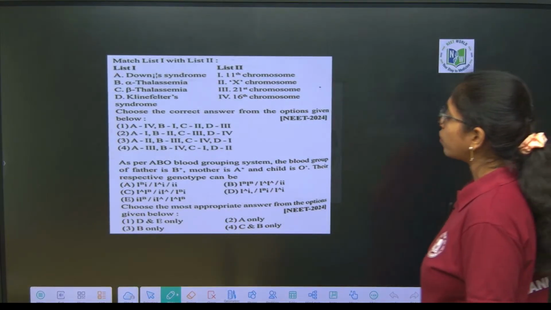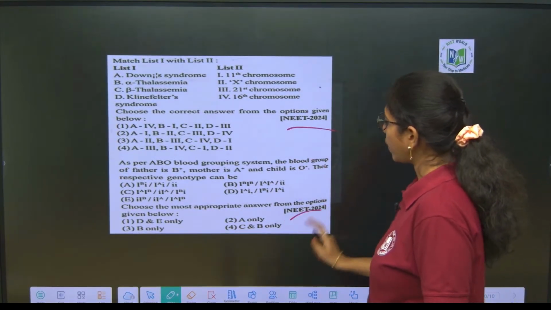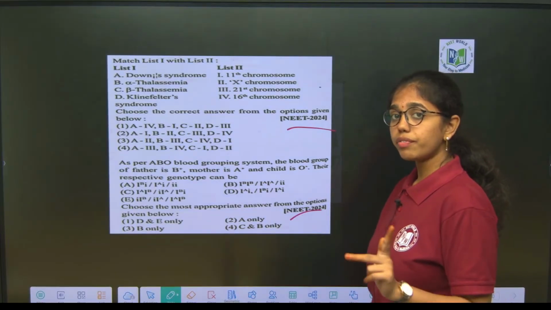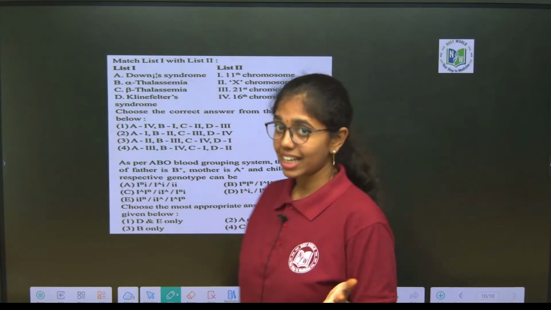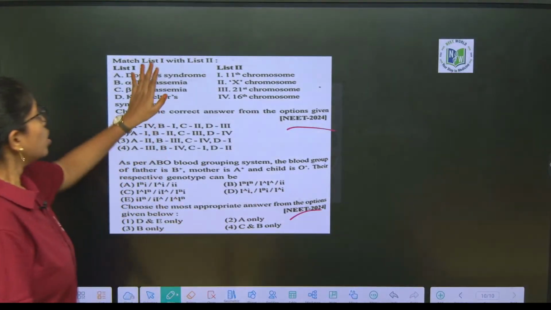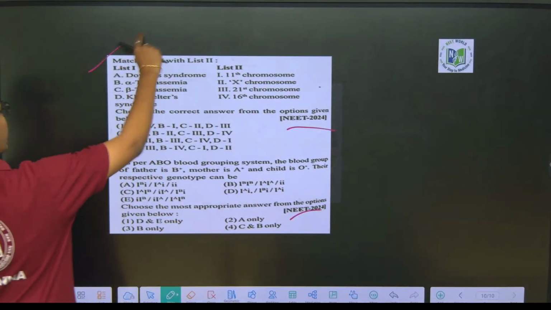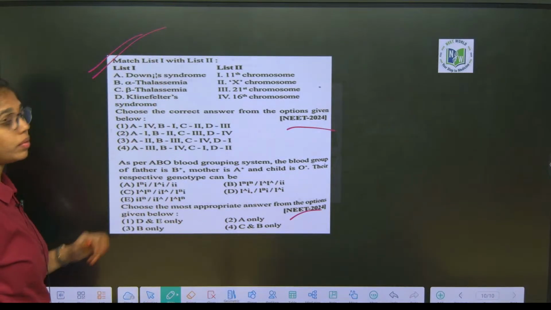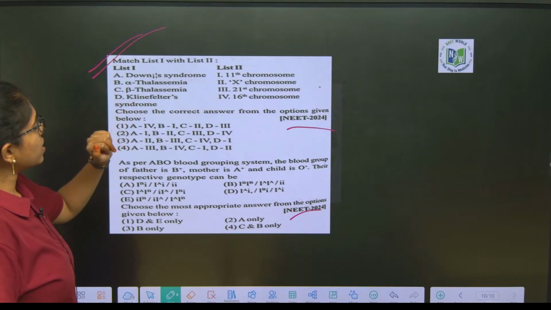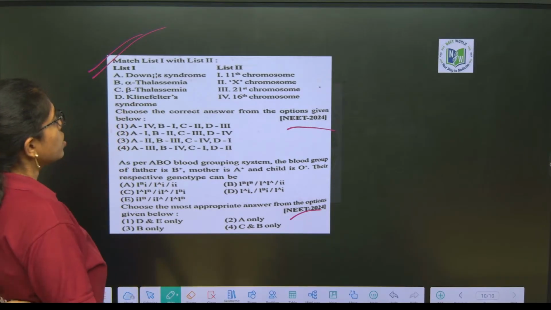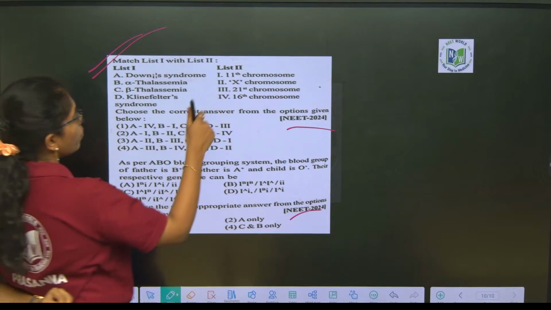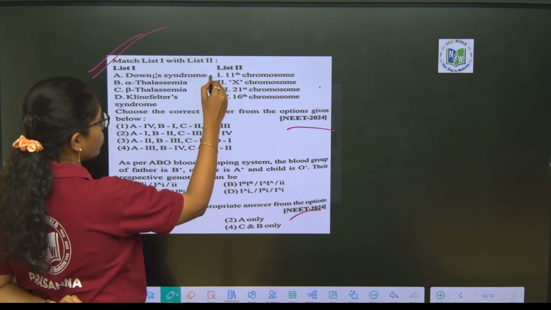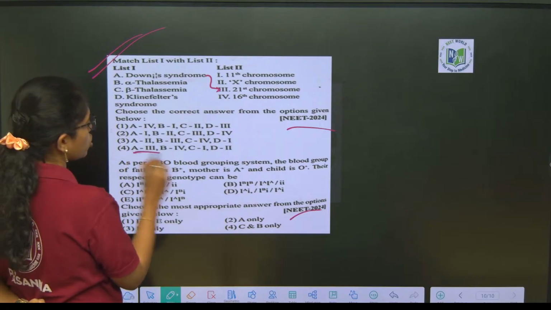Last question of today's session, beta, of the year NEET 2024. Anyhow, 2025 questions we have exercised in yesterday's class. Go through that playlist. So, look here, a match the following type of question on Down syndrome, alpha thalassemia, beta thalassemia and Klinefelter syndrome. Down syndrome is due to trisomy of the 21st chromosome, which is option 3.